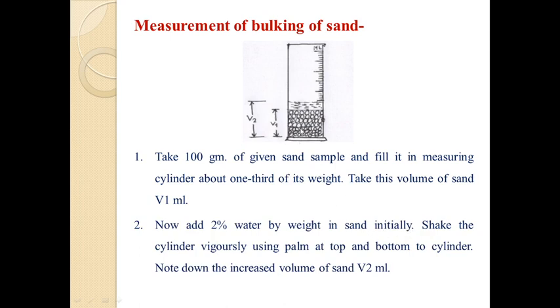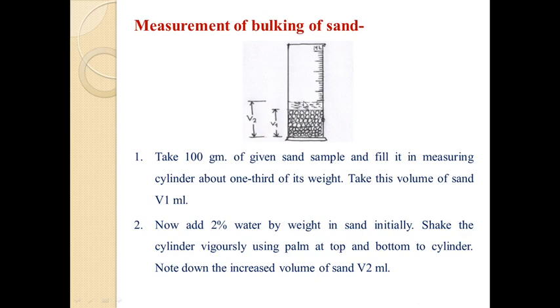Then shake the cylinder vigorously, in horizontal, vertical and circular motion using the palm at the top and bottom of the cylinder, and note down the increased volume of sand, that is V2.